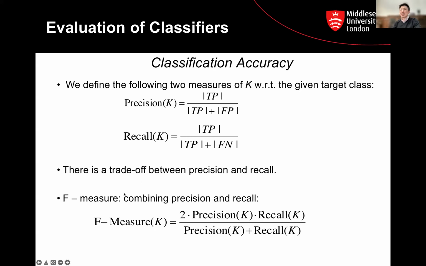Then there's also the F measure, which considers both precision and recall. The formula is precision times recall times 2, divided by precision plus recall. Using both gives you a more rounded evaluation of the performance compared to considering just precision or recall.